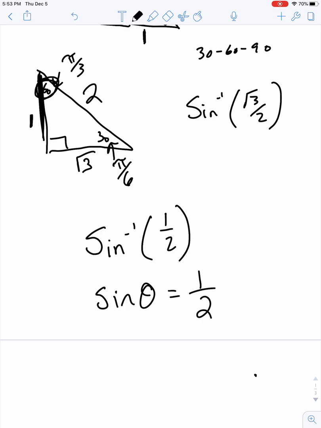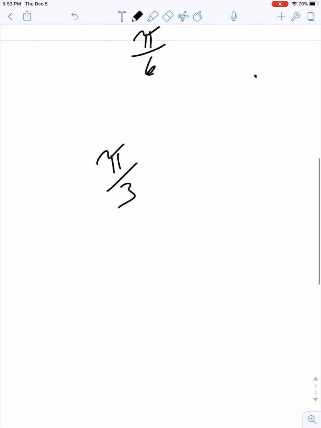In our 30, 60, 90 triangle, sine of theta is equal to opposite over hypotenuse. Which one has an opposite side of 1? 30 degrees has an opposite side of 1 and a hypotenuse of 2. So it has to be pi over 6.